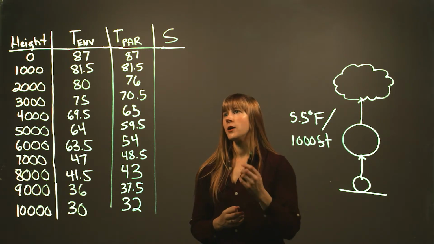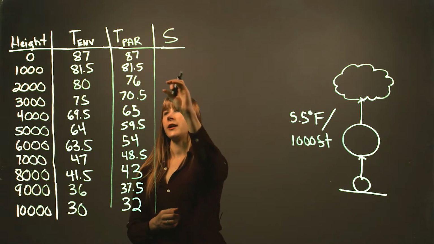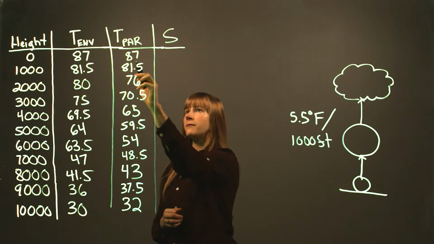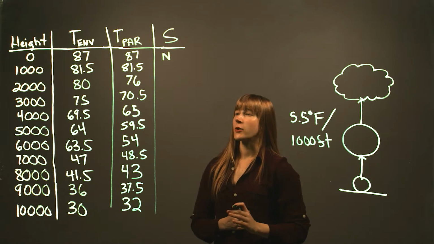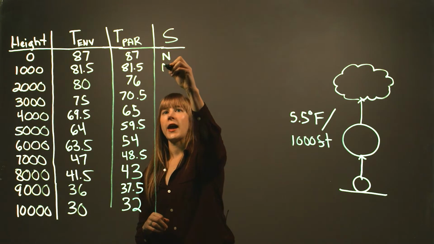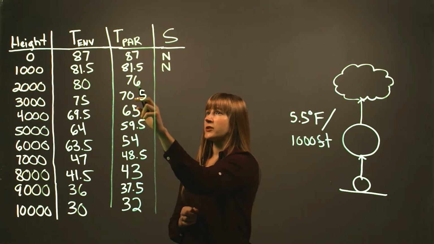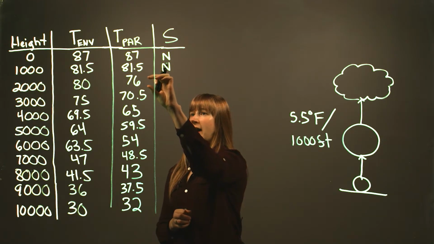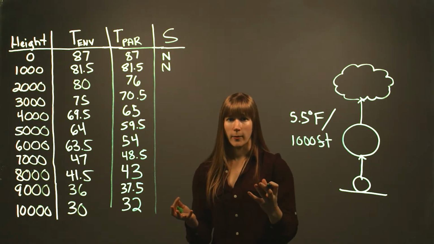So at the surface, if we want to talk about the stability at each of these heights, the environment and the parcel had the same temperature, so at that point, the environment was neutral. Same thing at 1,000 feet. Now at 2,000 feet, the air parcel has cooled down to 76 degrees, but the environment is warmer.